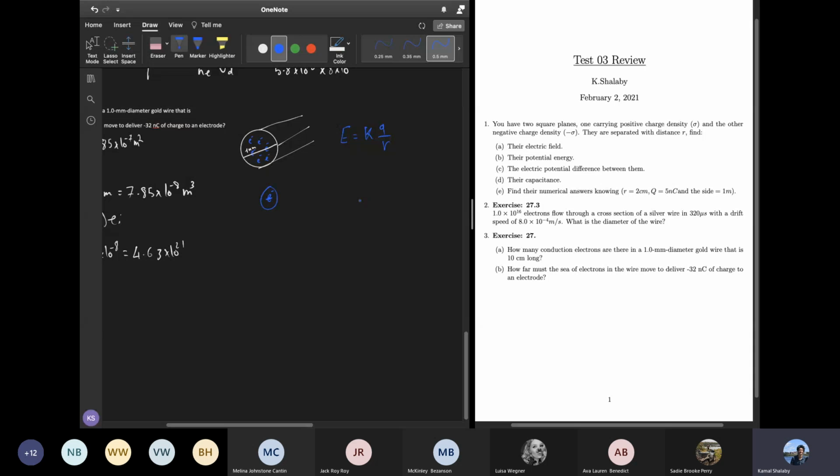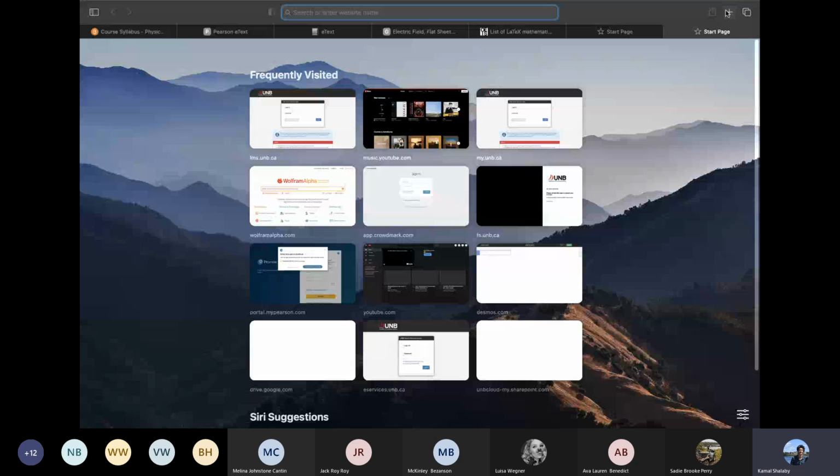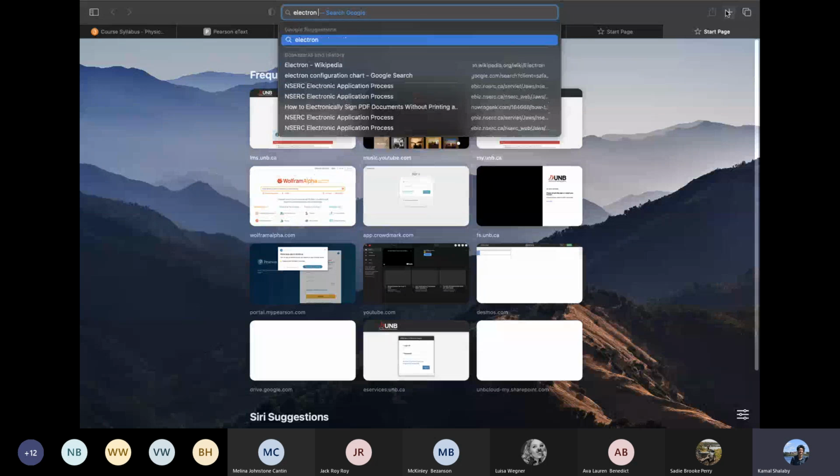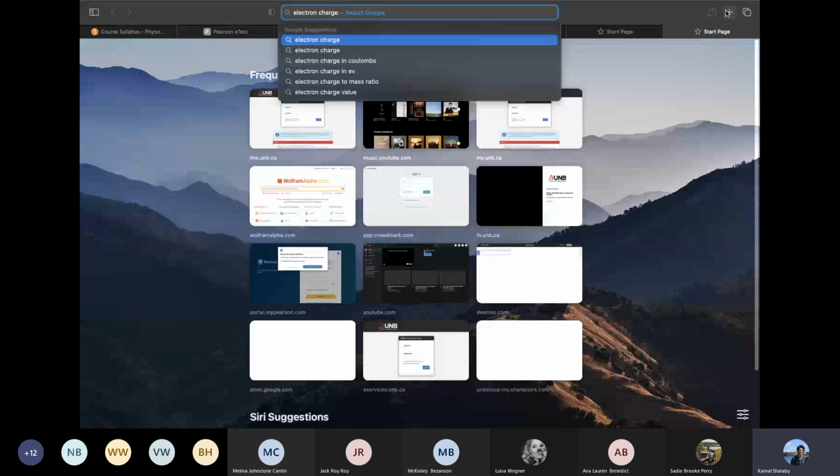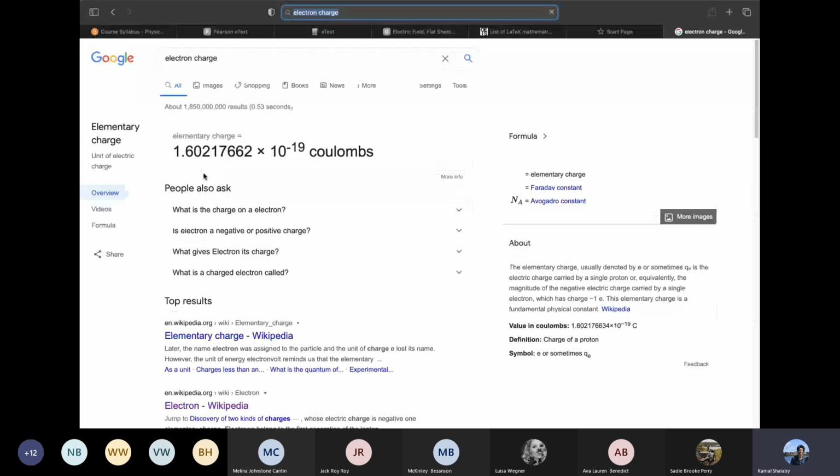Actually, I don't know, because to me it seems like if I have this number of electrons, this in itself will give me a charge as the charge of an electron, 1.6 times 10 to the power of negative 19.